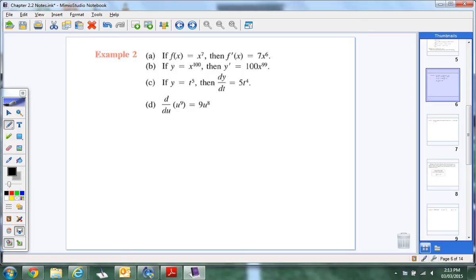Pay attention to the notations here. You can write a derivative as f prime of x, y prime, or the derivative of y with respect to t. With respect to t means that's what you're differentiating. y is what the equation is in. So that would be 5t to the 4th. And lastly, the derivative with respect to u of u to the 9th would be 9u to the 8.